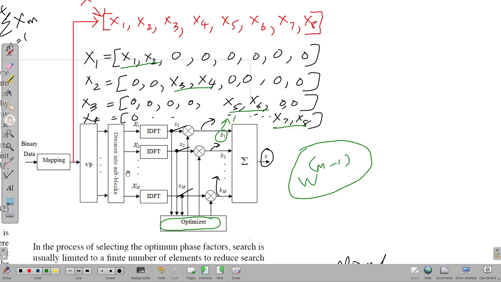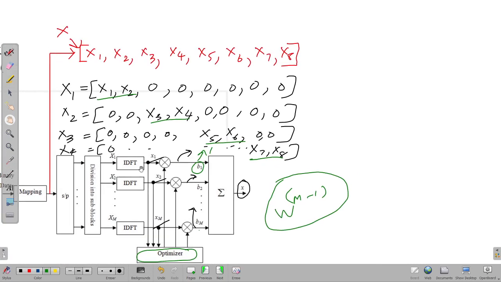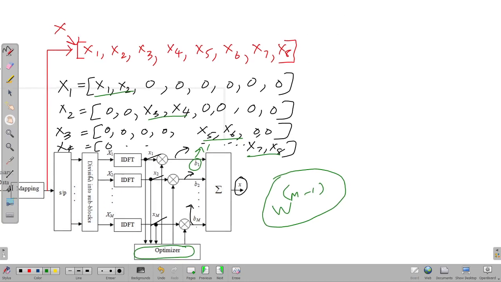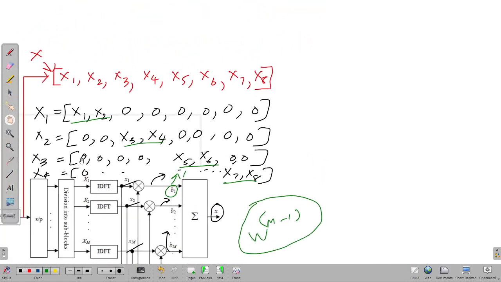You can also have an interleaved partition, where here it is going to be x1, here x2, here x3, here x4, and it can go like that. Let me just demonstrate the interleaved partition.